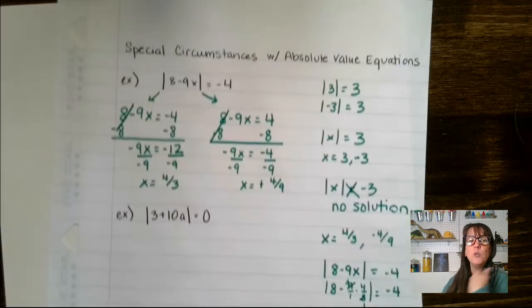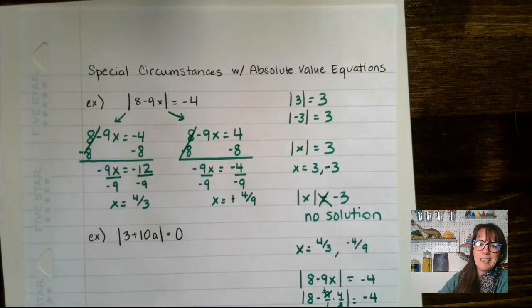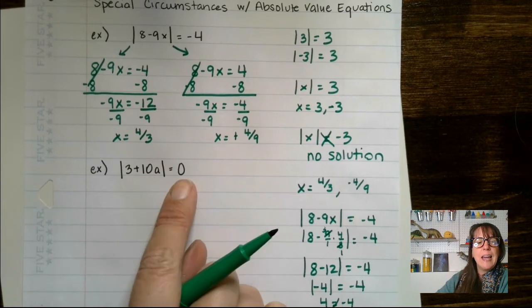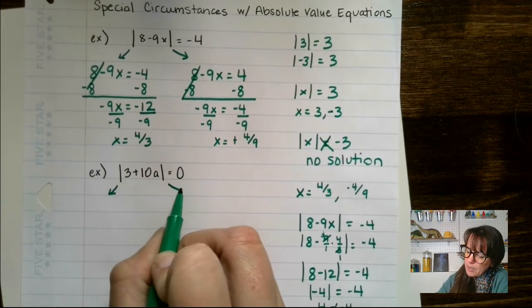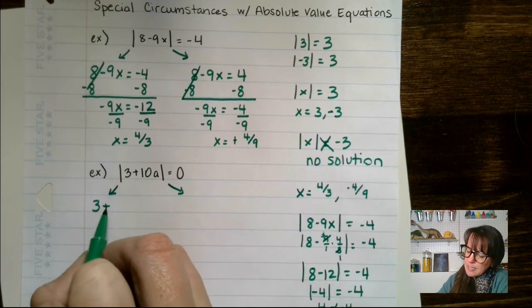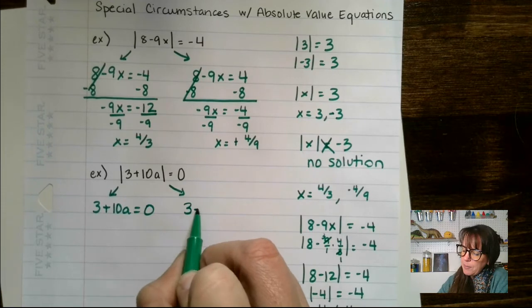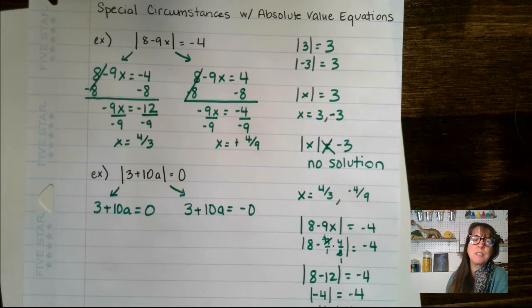So once you have your absolute value isolated, if there's a negative on this side, it's not going to work. No solution. Okay, let's take a look here. And this equals 0. So we draw our arrows out and we say, okay, we've got 3 plus 10a equals 0. And then what we would do is 3 plus 10a equals negative 0. Except negative 0 is the same thing as positive 0, right? 0 is neither negative nor positive.